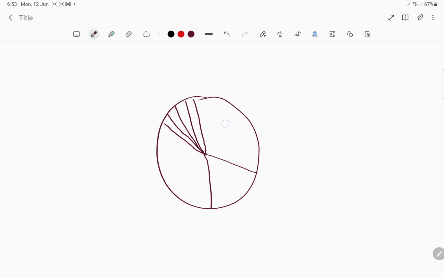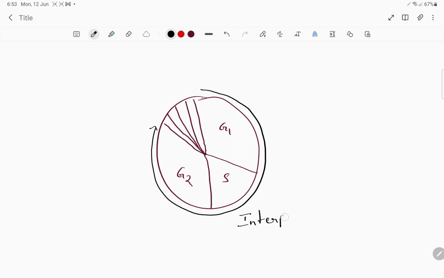So this entire thing, this is gap 1, this is S, this is gap 2. This entire thing you can call interphase, from here to here. It's the interphase. And this one is M phase, which is 5%, and this is like 95%.